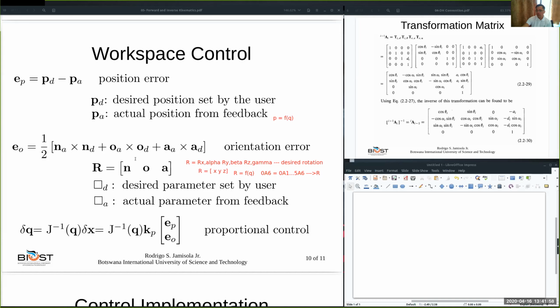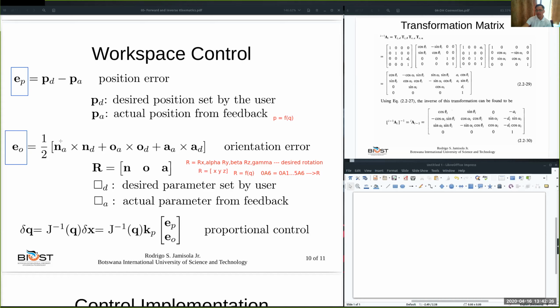So that's just one that is a little bit complicated, but it is good to note that all these computations will result in a 3x1 vector. The position error is a 3x1 vector minus a 3x1 vector, and the result is a 3x1 vector.